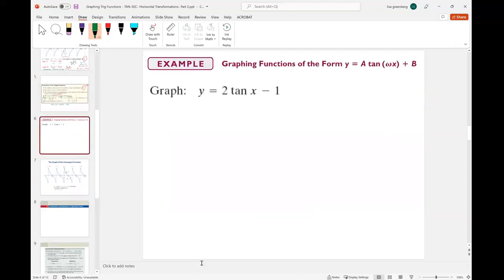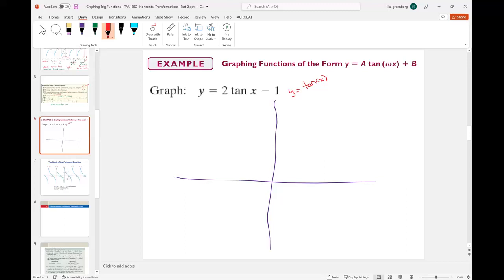So for example, let's draw a graph of tangent. So let's start off. How are we going to start? What's the first thing we're going to do? Do you have any ideas how to start graphing y equals, I just want to graph tangent of x. That's all I want to graph.